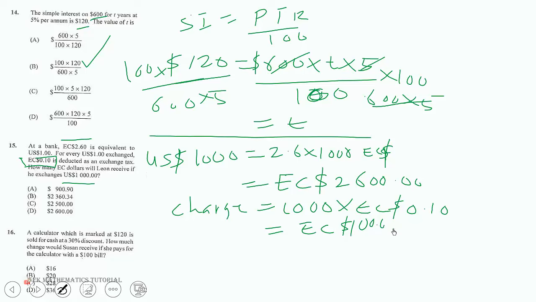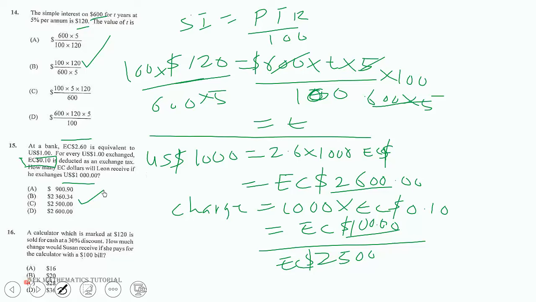So to know how much you receive, you subtract the charge from 2,600. So 2,600 minus 100 will be 2,500 EC dollars. So that will be equal to C.